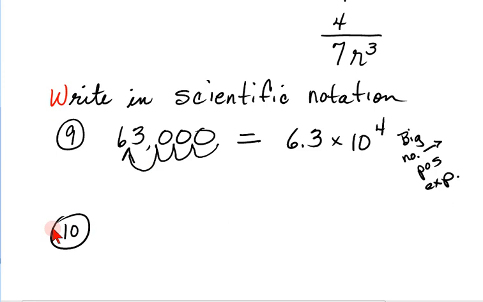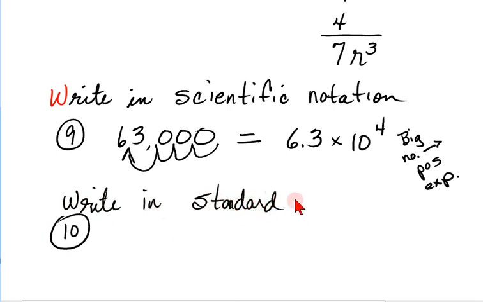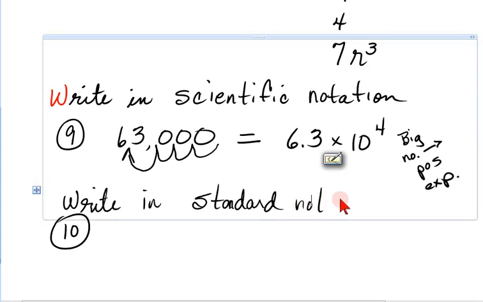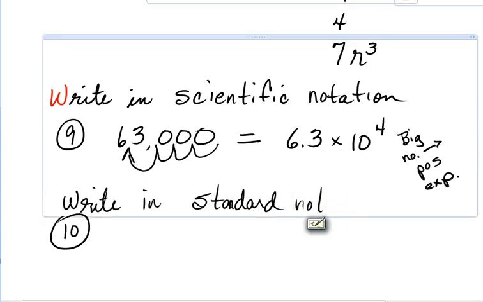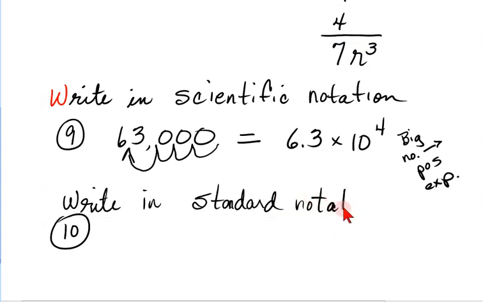Let's look at 10. This one says to write in standard notation. And the number they give us is 1.929 times 10 to the negative 5.